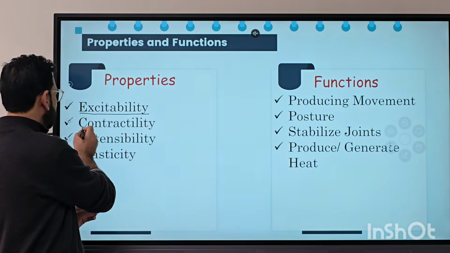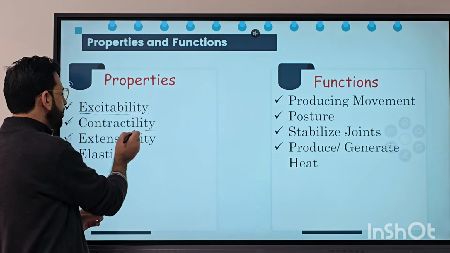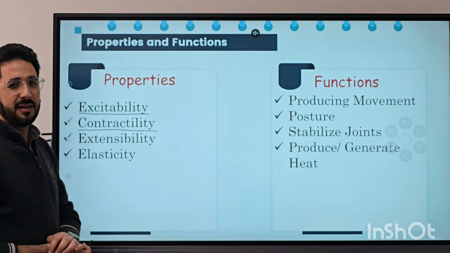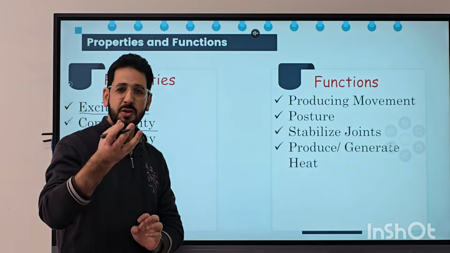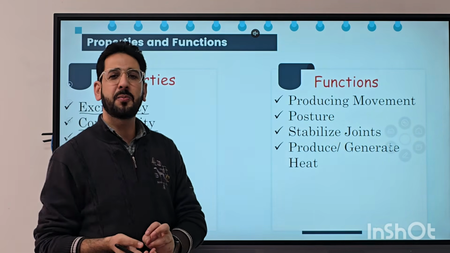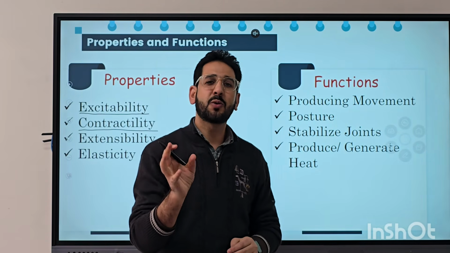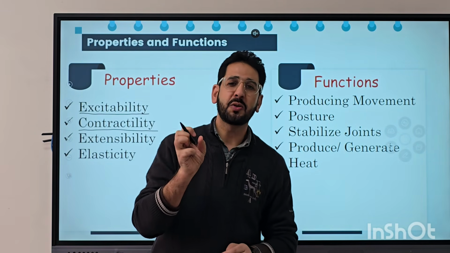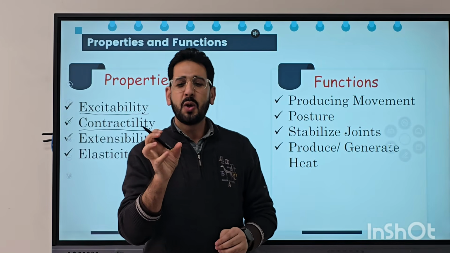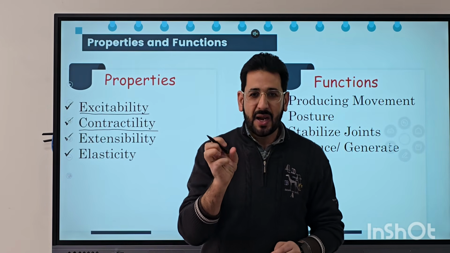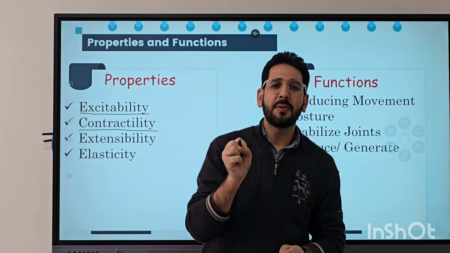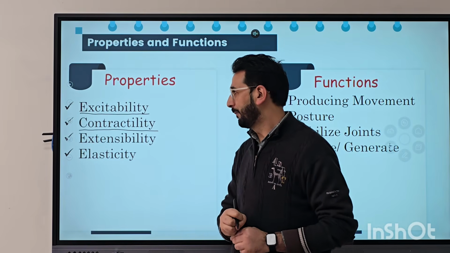The second thing is contractility. When this skeletal muscle cell responds to that stimulus, it generates the action potential, and ultimately this muscle cell is going to contract. It is going to get short. That is the contraction, so that property is called contractility.